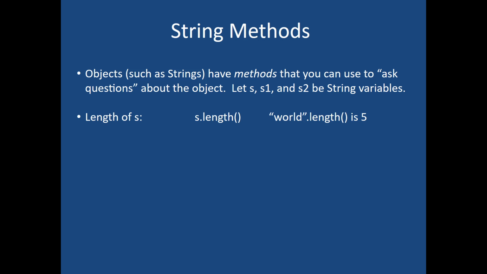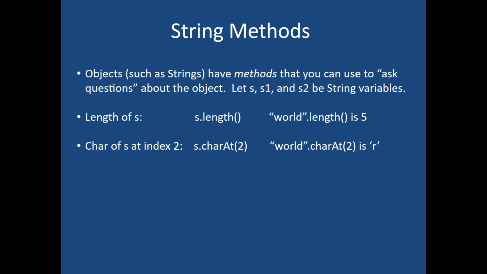There's one difference. With a static method, when you run it, you give the name of the class it's from, dot, name of the method, then parameters. With non-static methods, you give object dot method parameters. So you're always operating on some object. All right? So S.length, if S contains world, you get back 5 when you ask its length.